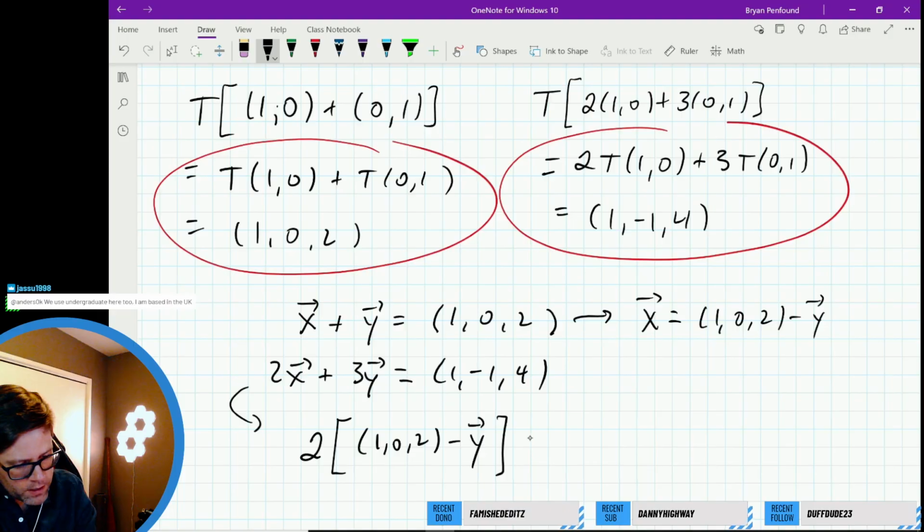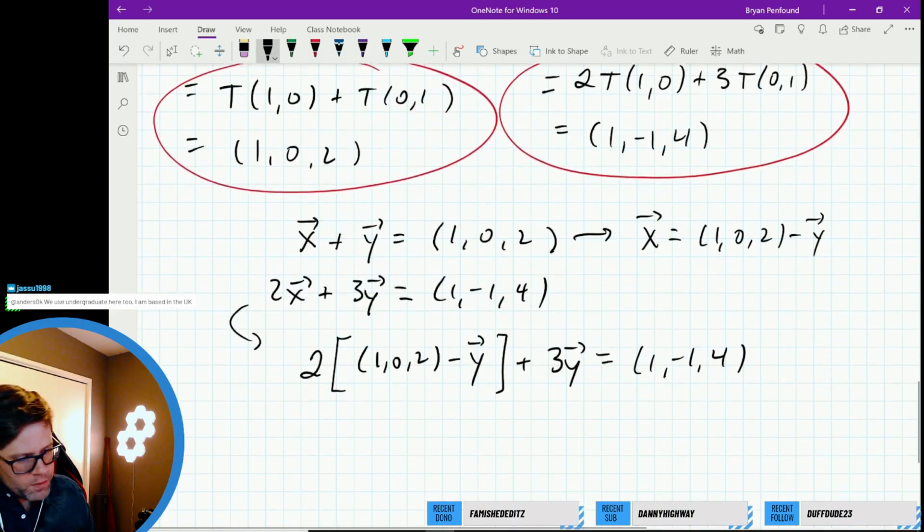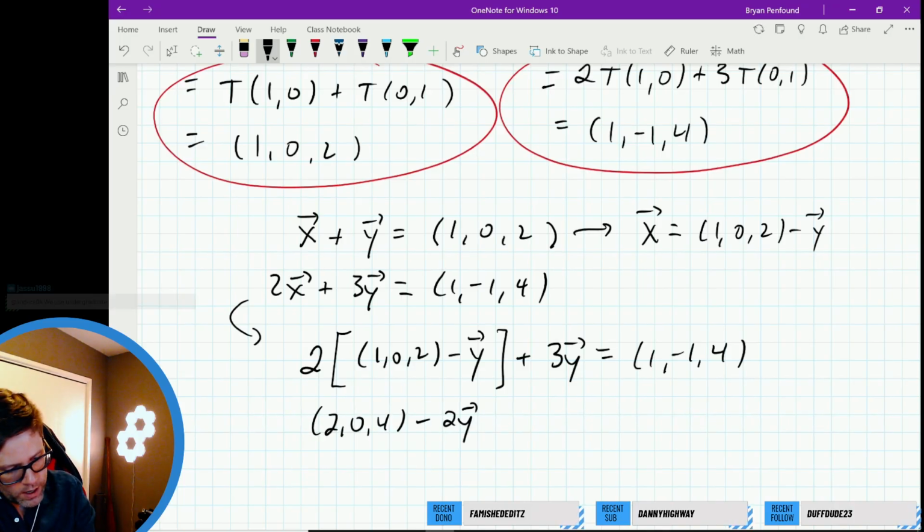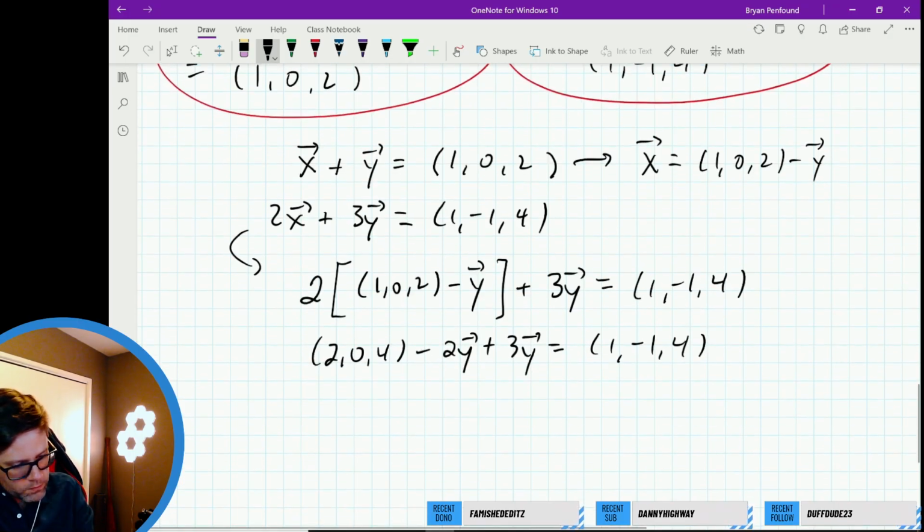I don't think anything funky is going to happen. And so I should be able to solve for y, I think. Right, so we have that (2, 0, 4) minus 2y's plus 3y's would be equal to (1, -1, 4). So that's going to allow us to isolate y here.